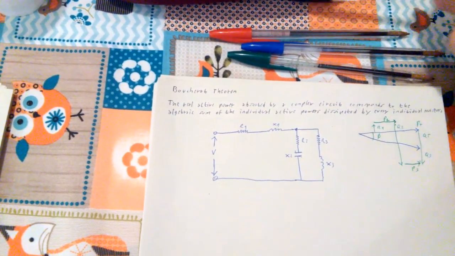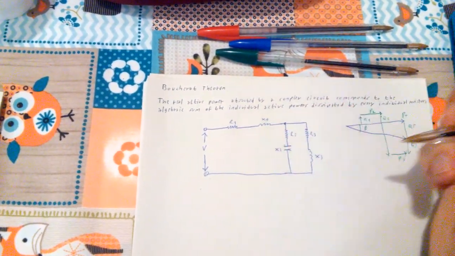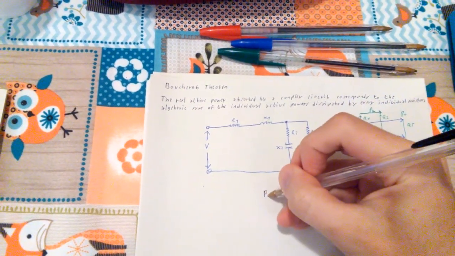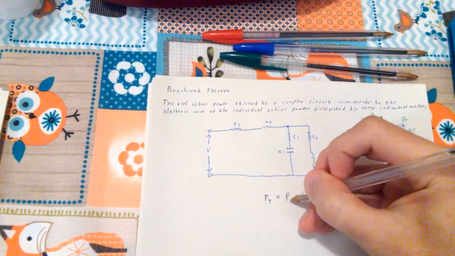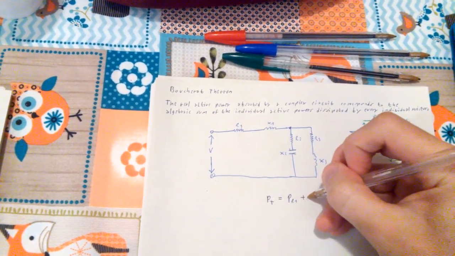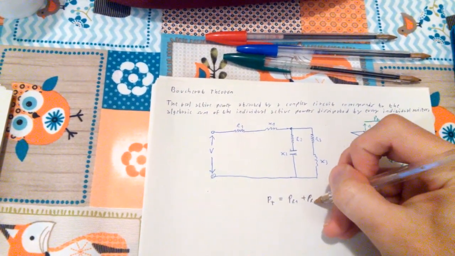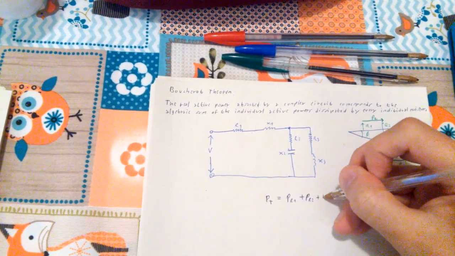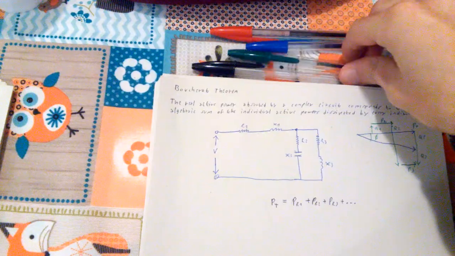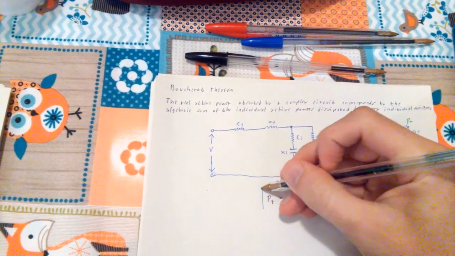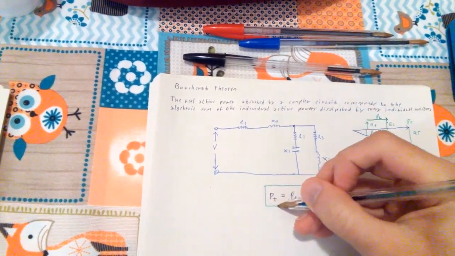Now, if I had to write this as a formula, I would say that the total power will be equivalent to the power of the resistor 1 plus the power dissipated in the resistor 2 plus the power dissipated in the resistor 3, etc. So this will be my formula.